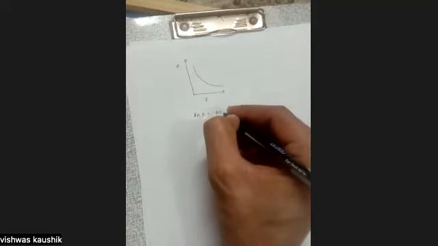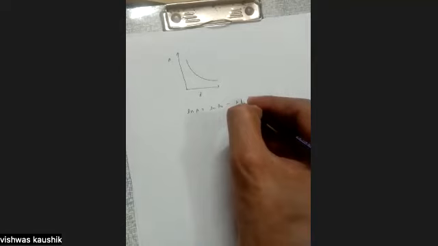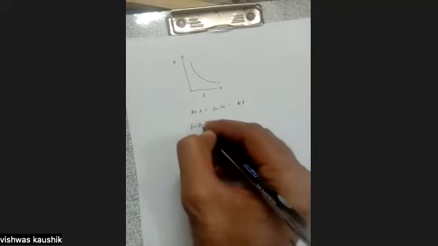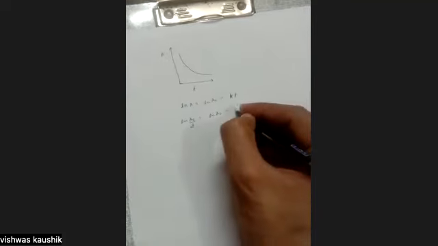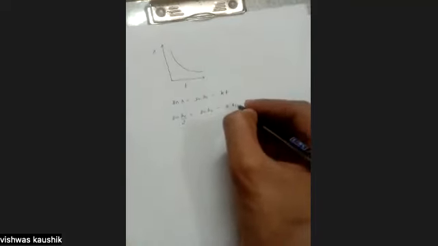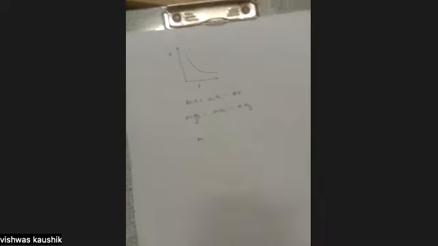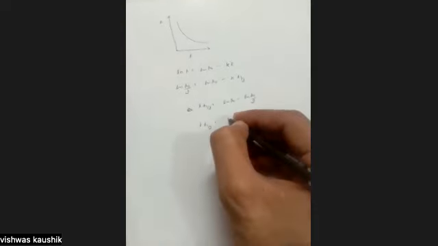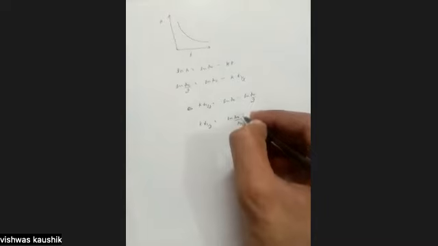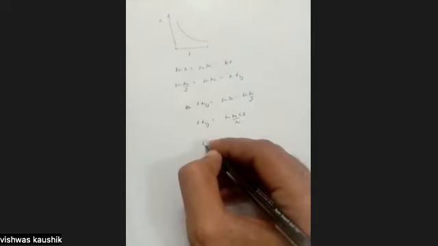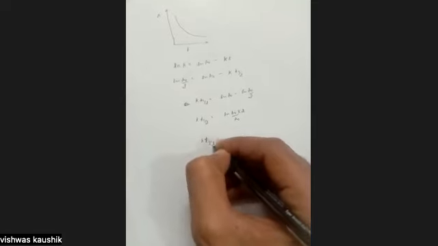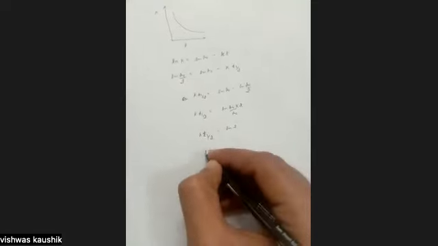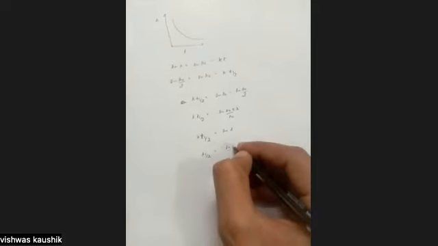So ln(A naught by 2) is equal to ln A naught minus k t half. So k t half will be ln A naught minus ln(A naught by 2), which equals ln 2. T half will be equal to ln 2 upon k, or 0.693 upon k.